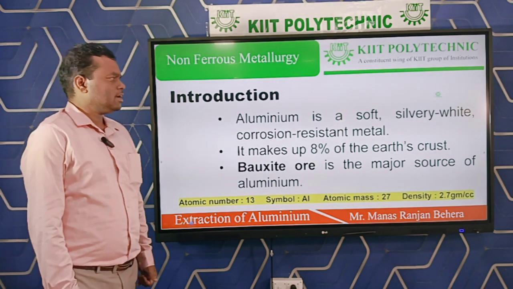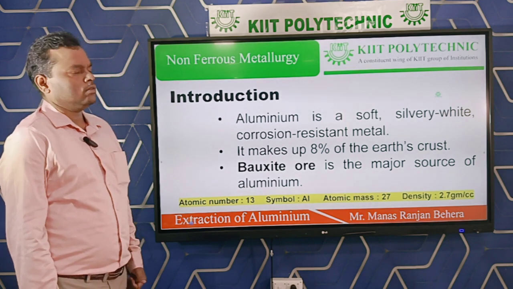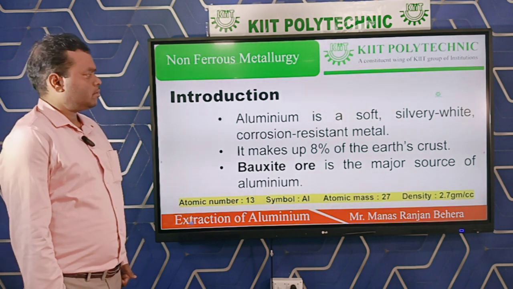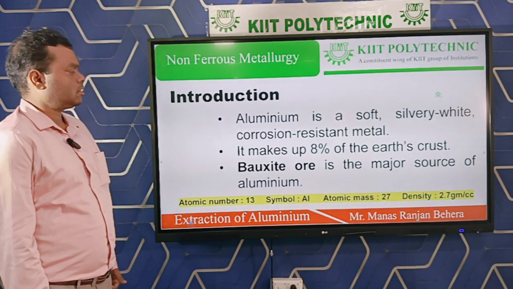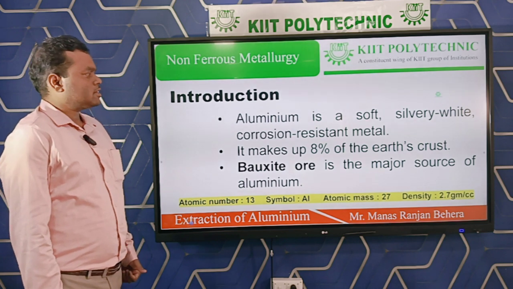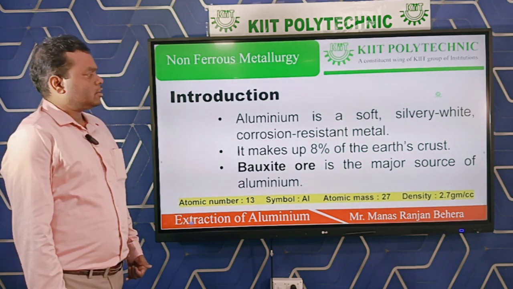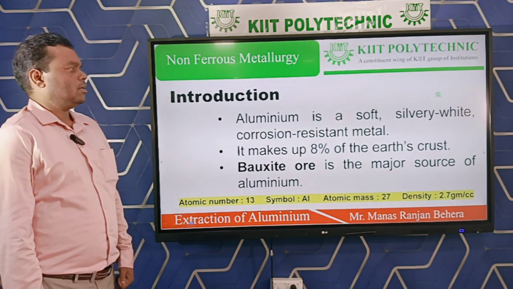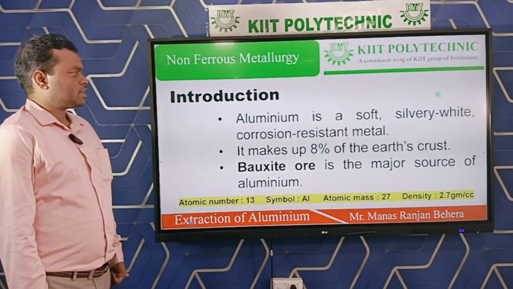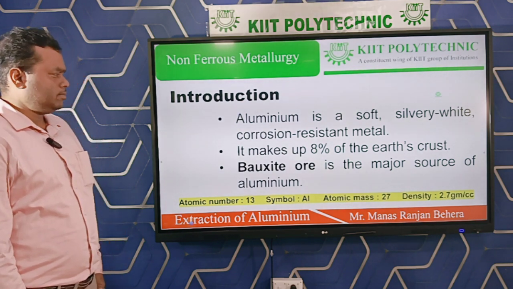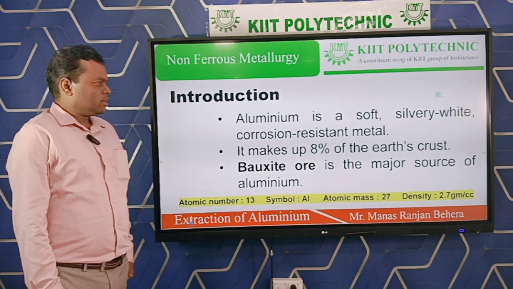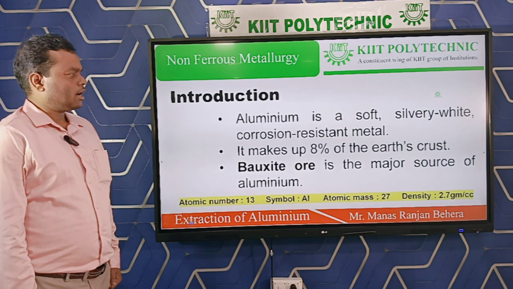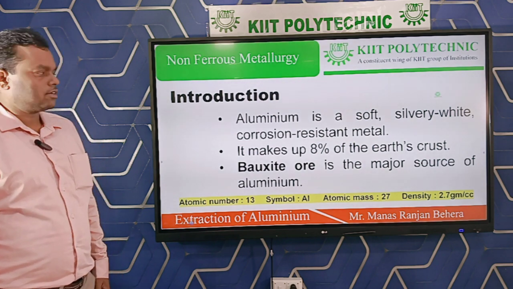So aluminium is an important metal, as I have already told you, and aluminium is the most abundant metal in the earth crust. After silicon and oxygen, it is the most abundant metal, sorry, it is the most abundant element in the earth crust. Aluminium possesses 8% of the earth crust. Now what is aluminium? It is a soft metal and the color of aluminium is silvery white, and it possesses very good corrosion resistance.